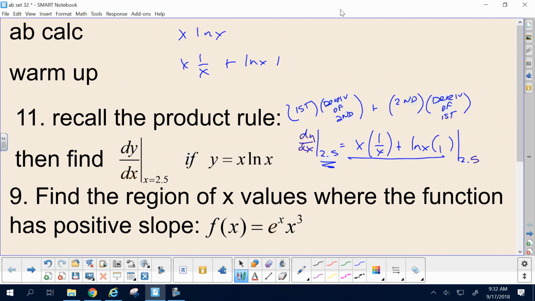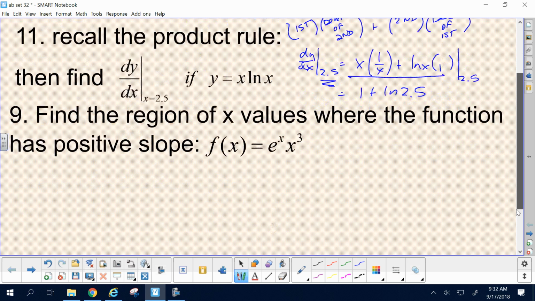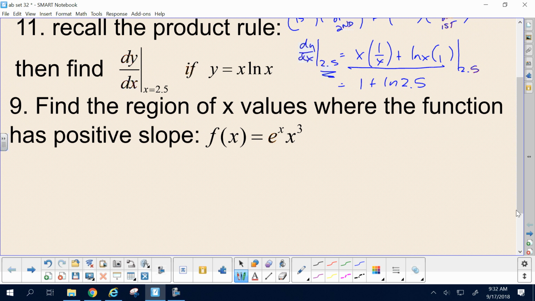You show it in 2 steps. So this amounts to 1 plus the natural log of 2.5. Right? Okay.